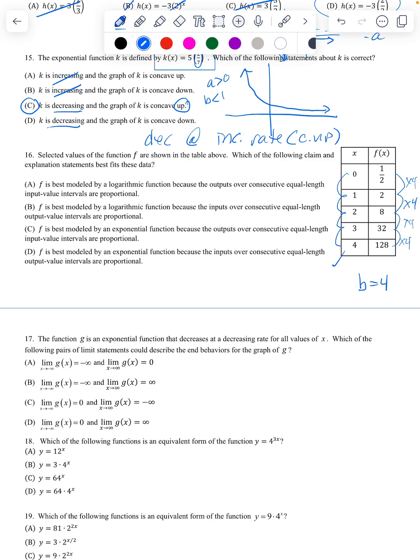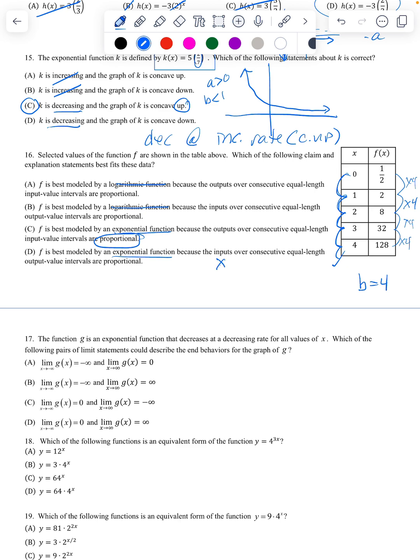So best modeled by logarithmic, okay, we have not learned that, and so that's certainly not my choice. So is it exponential because the outputs over consecutive equal length input values, simply meaning that these are the same all the way down, are proportional? Or is it best modeled by exponential because the inputs over consecutive equal length output values are proportional? Okay.